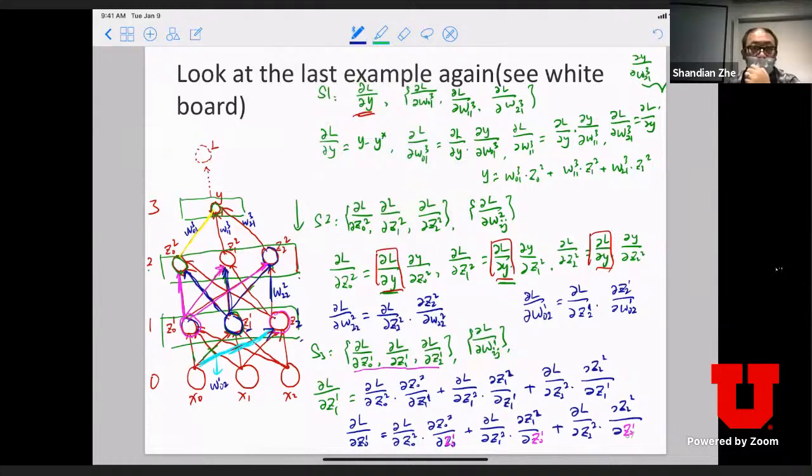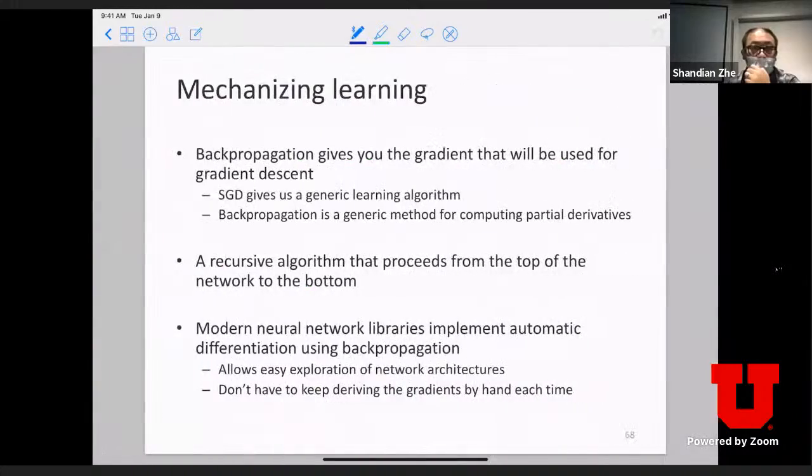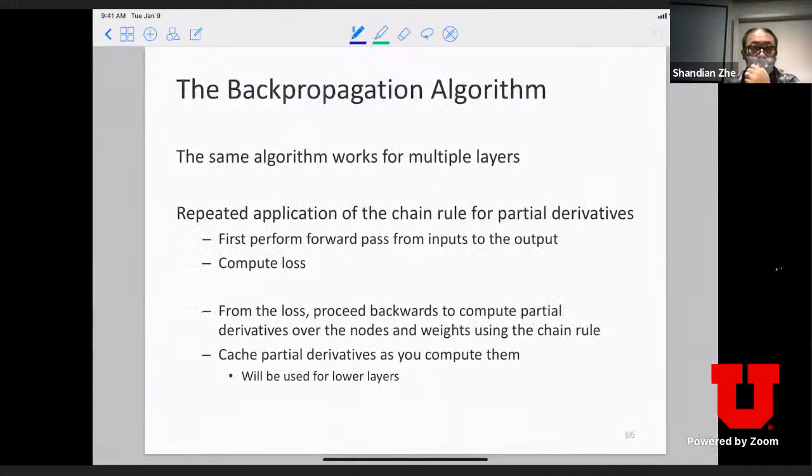Actually, in our homework 5, our last homework, before you implement backpropagation, I gave you a manual assignment to do this manually. That will definitely strengthen your impression of how backpropagation works. Okay, I'm just going to give a general description of this procedure, but I believe the whole details are already there.